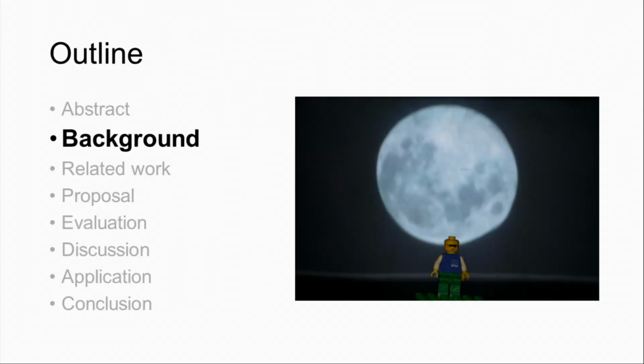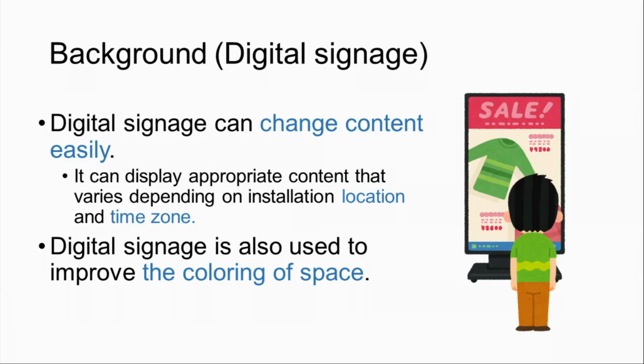Next is about background. Digital signage can change content easily. It can display appropriate content that varies depending on installation location and time zone. And digital signage is also used to improve the coloring of space.